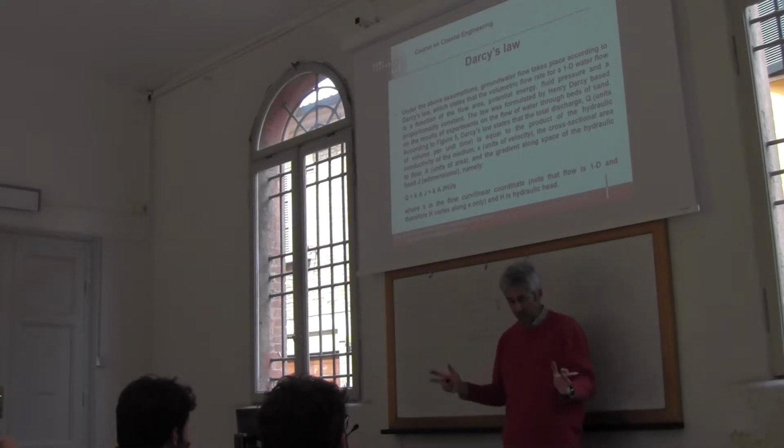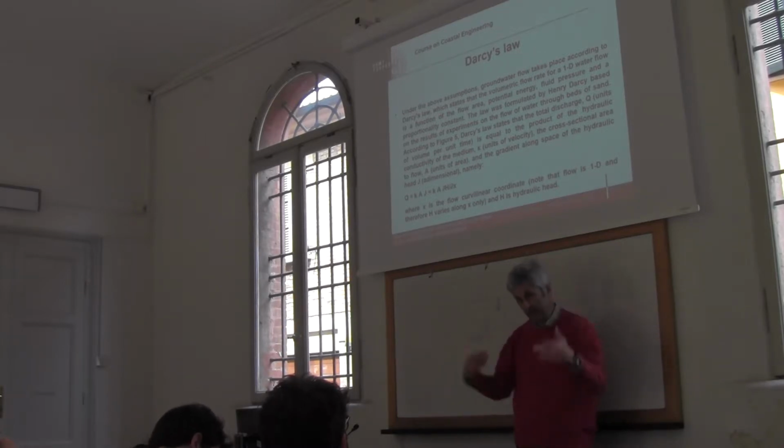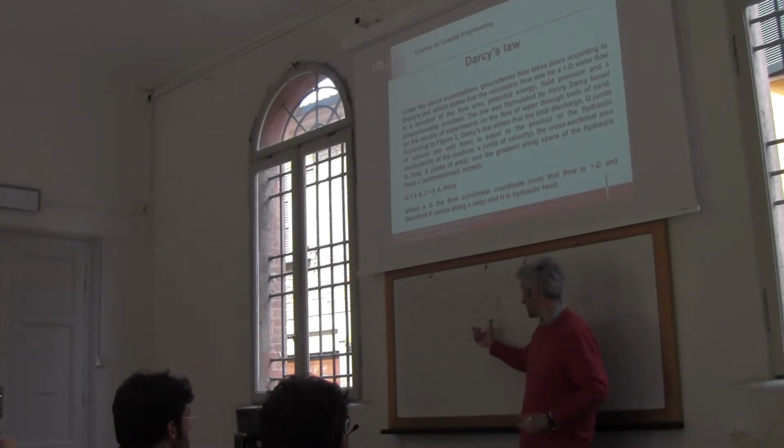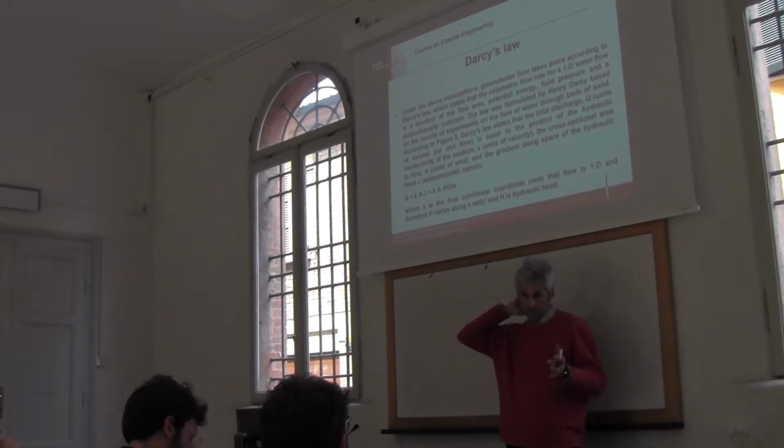Once we fix a volume of the aquifer we are interested in, we can estimate an average velocity vector for that volume, and we can cut that volume with the blackboard in a way that the blackboard is perpendicular to the velocity vector. Why do we do that? Because in this way we reduce the 3D problem to a 2D problem.